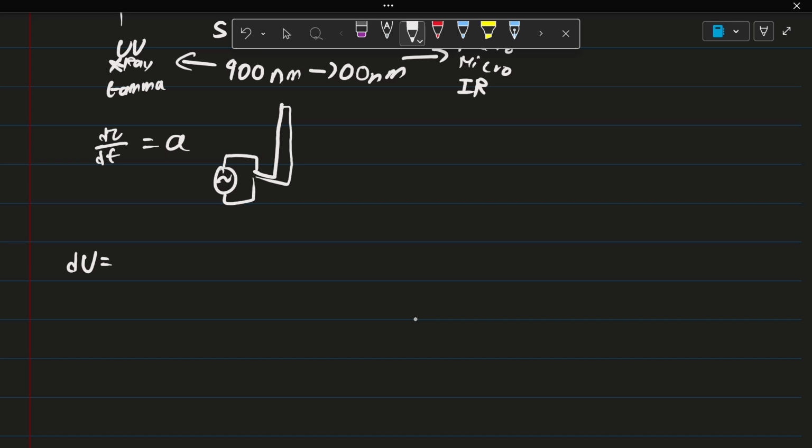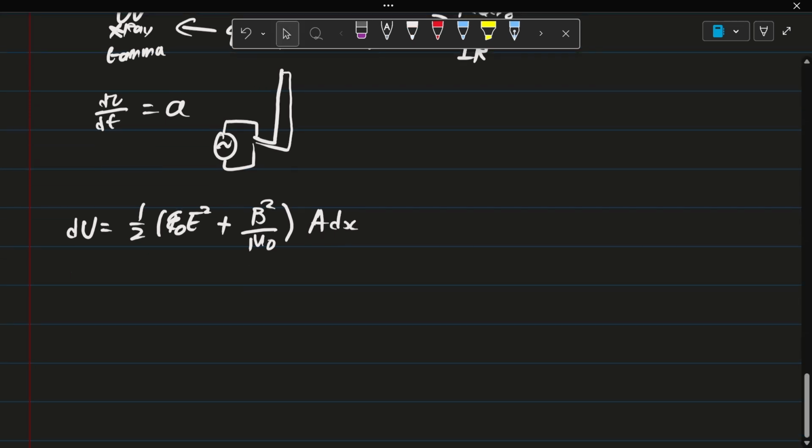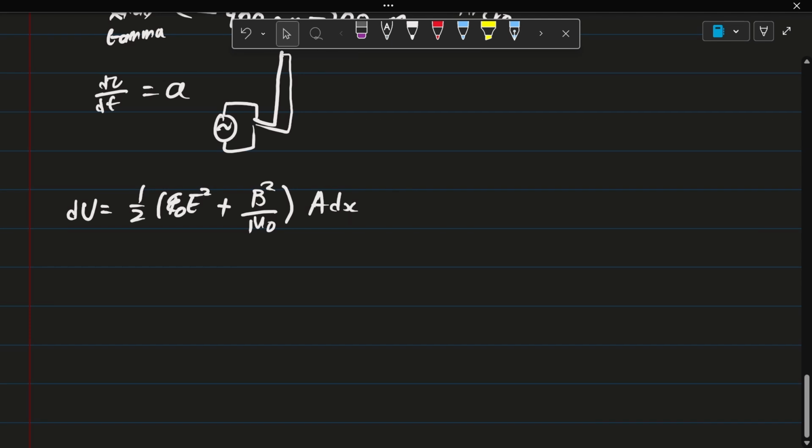The value is half times epsilon 0 E squared, and for magnetic energy it's B squared over mu 0. And this is just the density, so we would multiply this by a small volume, A times dx. With this, we could try to simplify some stuff.